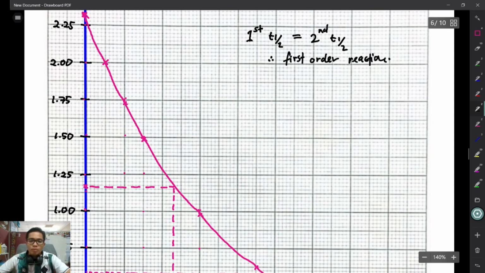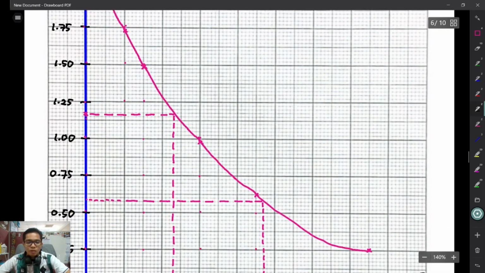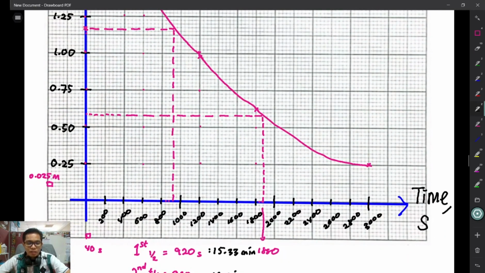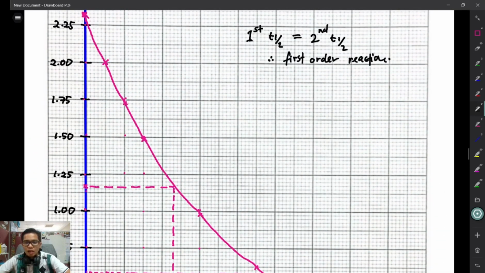Okay. And then disuruh buat apa? Tentukan half-life. So kita dah dapat half-life tadi kat sini daripada graph. So the first half-life is 920, second one is 960. So saya ambil average.